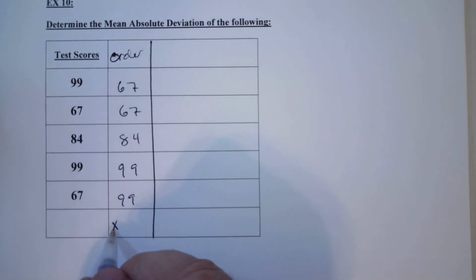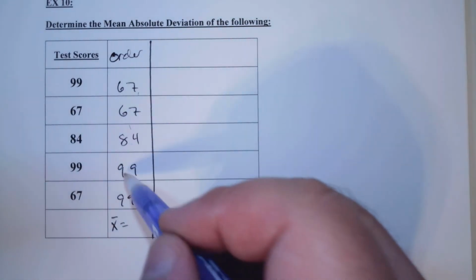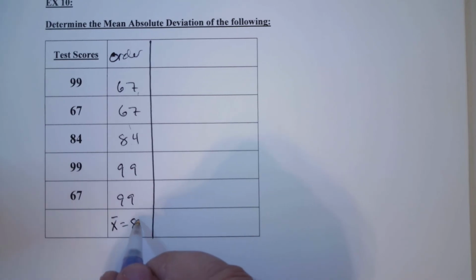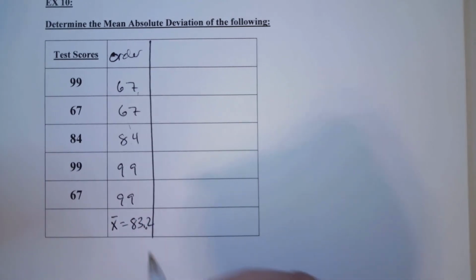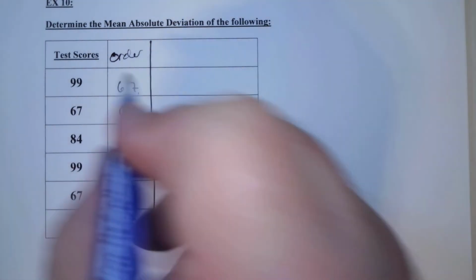Now find the average. So we have 67 plus 67 plus 84 plus 99 plus 99, divided by 5. I got 83.2. So now these are all my x's.